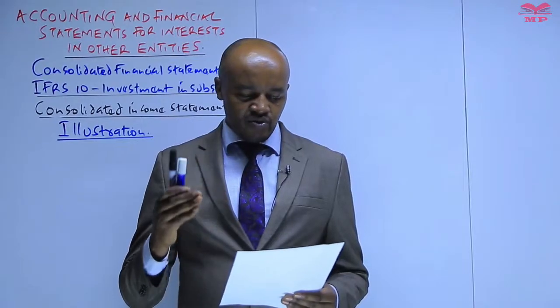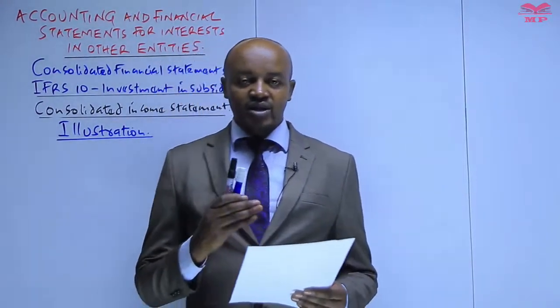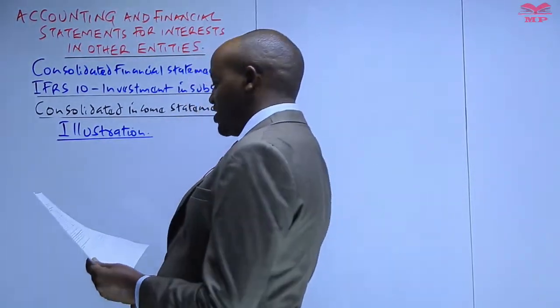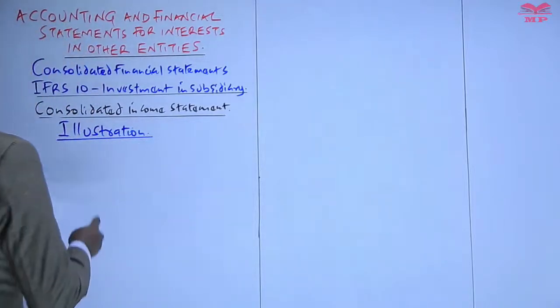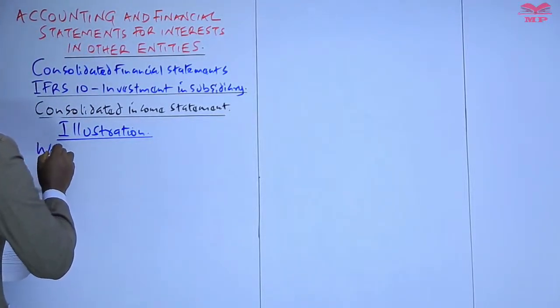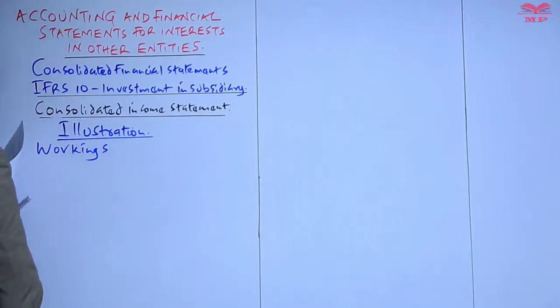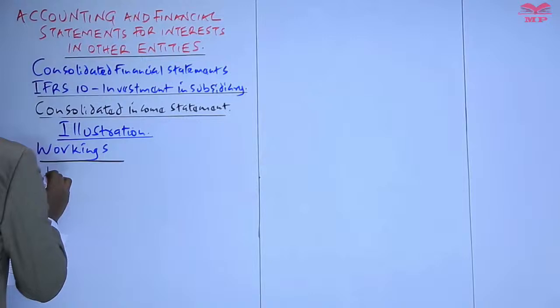From there you can do various workings which will help you prepare what you are required to do. So the first thing we need to do here is come up with a group structure, which will be working number one.